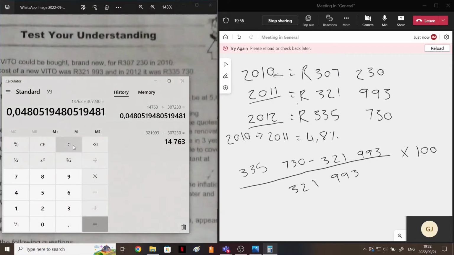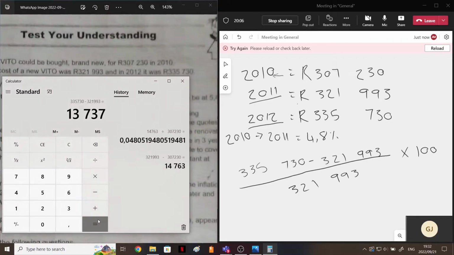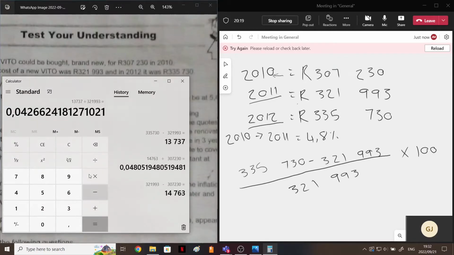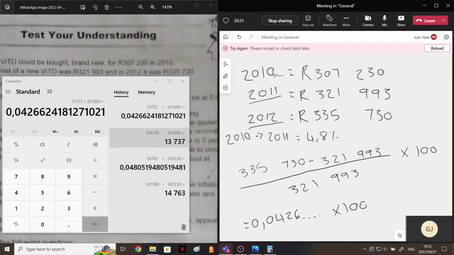So if I open up my calculator again and we enter these numbers, 335,730 minus 321,993 equals 13,737. If we now take that divided by the bottom number, which is 321,993, you'll see that we end up with 0.0426 and so forth, and we need to multiply that by 100.